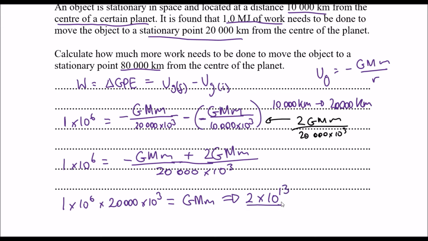There are no units here because GMm is not an actual unit of measurement, it's just a couple of constants multiplied together. So that's what we have.